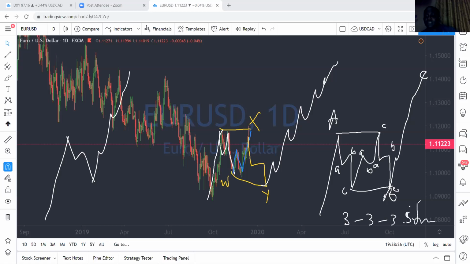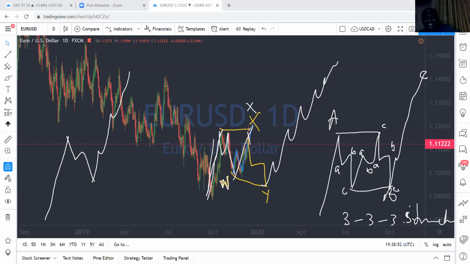Because you have a three-wave pullback in the opposite direction of the main trend, look at it. Any three-wave pullback against the direction of the trend, which is up, is called W. Then any three-wave pullback in the direction of the trend is called X.